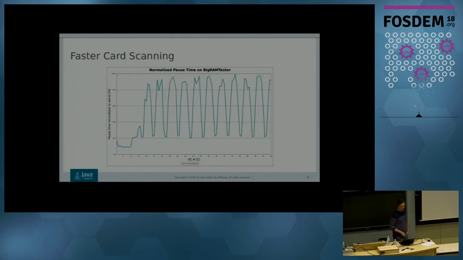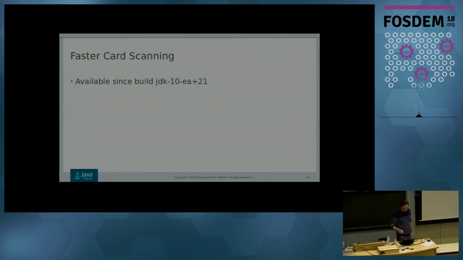And just showing you results, these are the pause times of this Big RAM Tester application, which incidentally also spends tons of time on this card scanning phase before that change, and yeah, those are the pause times afterwards. Nice thing about this, also available in JDK 10.